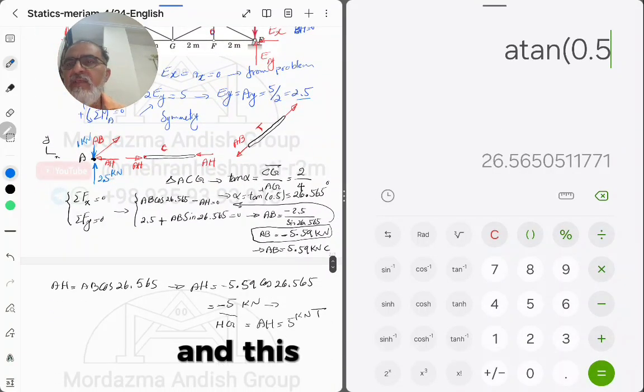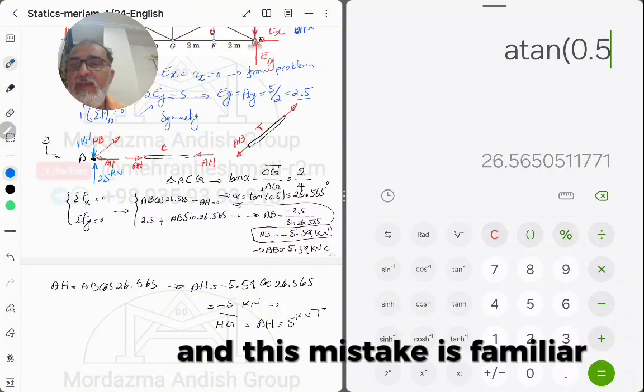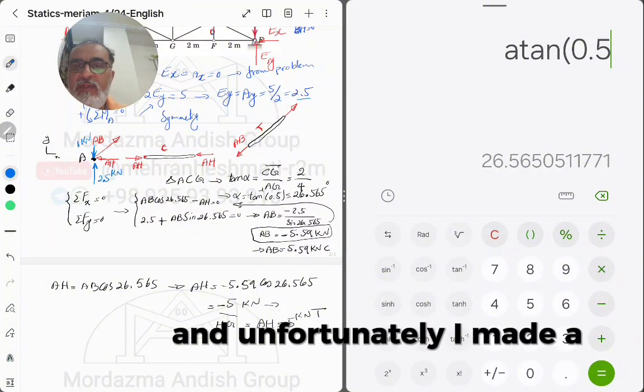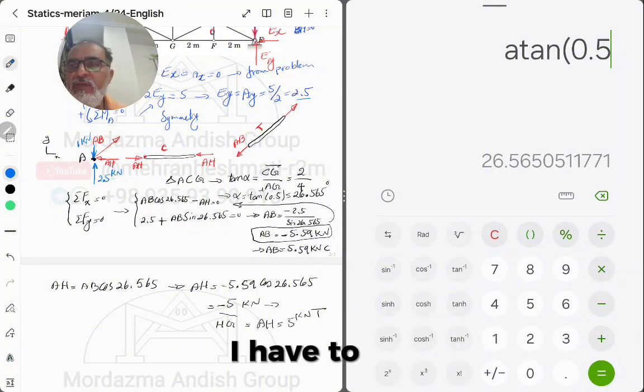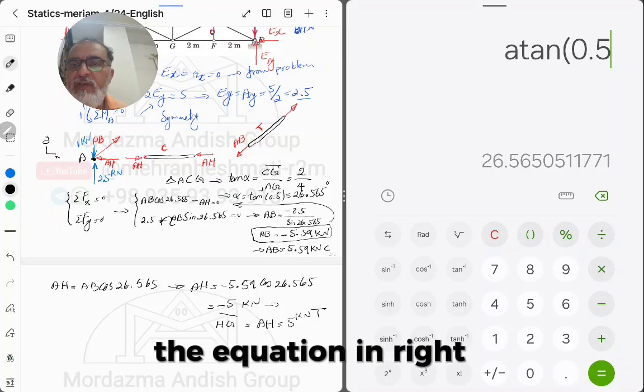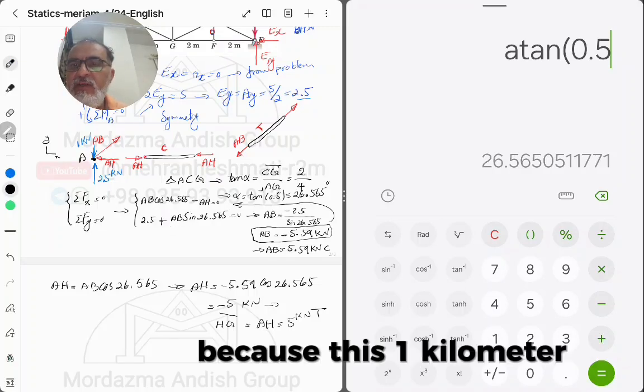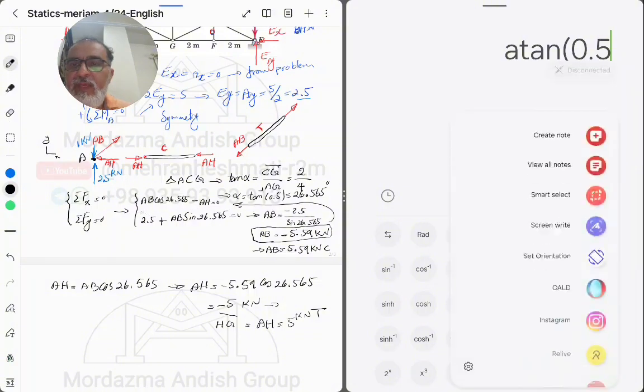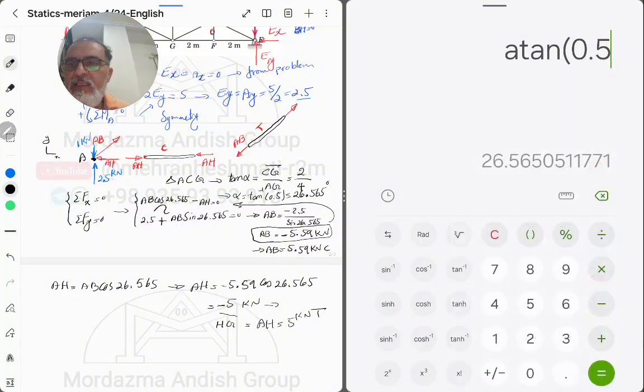This mistake is familiar, and unfortunately I made a mistake. I have to correct the equation in y direction, because this 1 kilonewton acts in y direction.